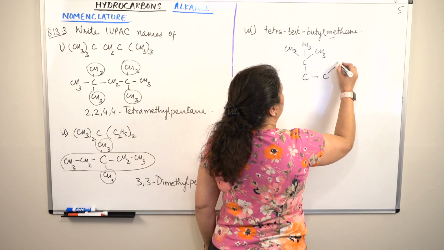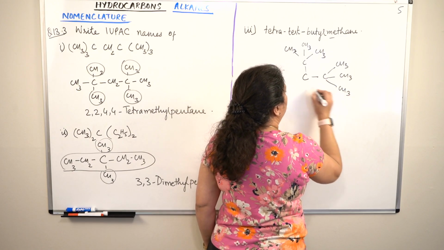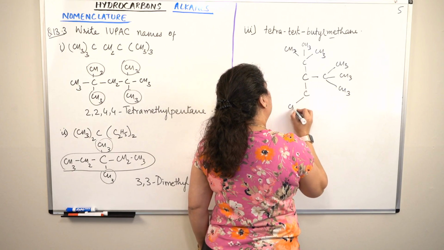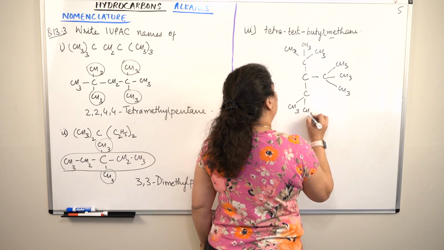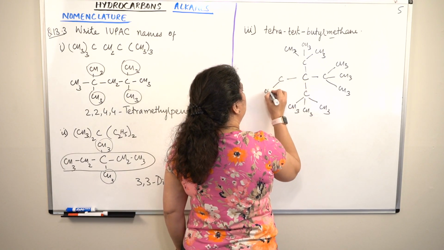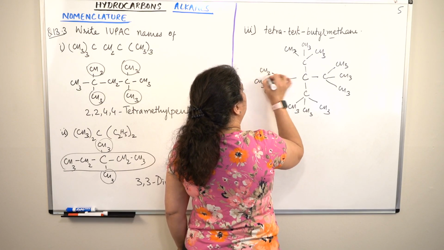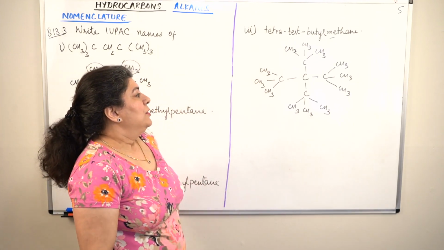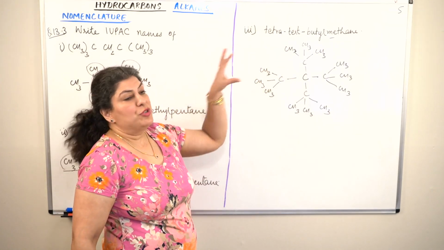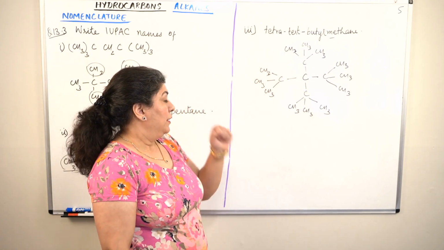So C, CH3, CH3, CH3, C, CH3, CH3, CH3, C, CH3, CH3, and CH3. So there are 4 tertiary butyl groups, and the parent according to him is methane.